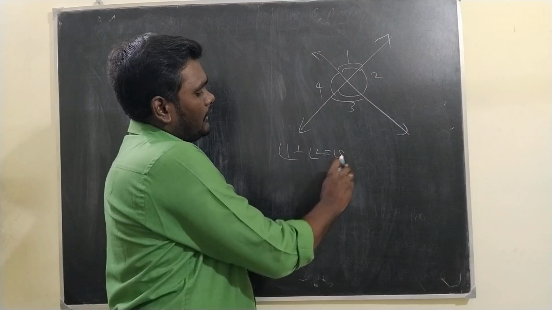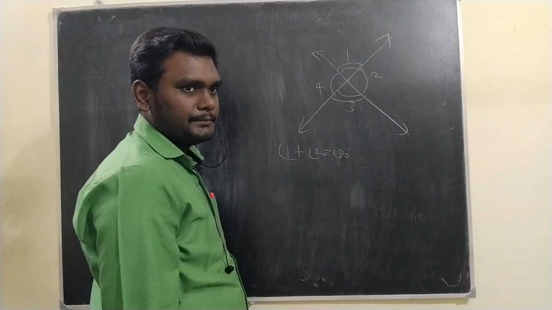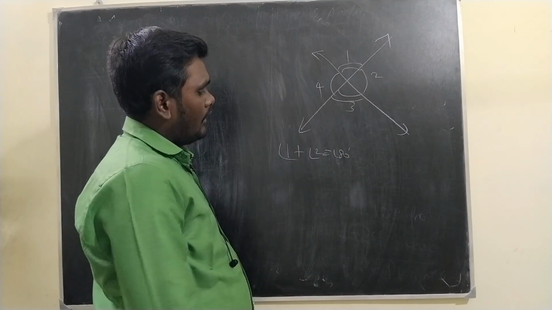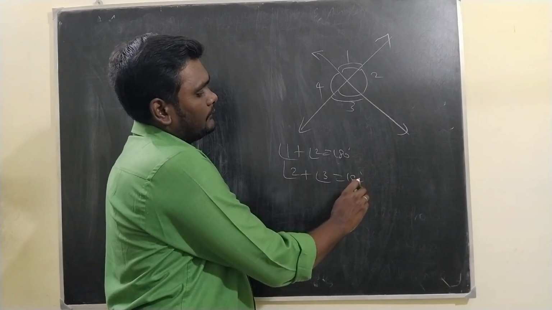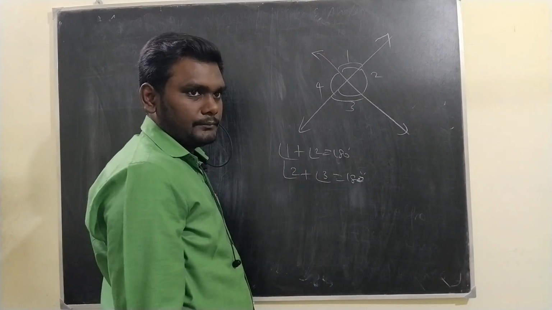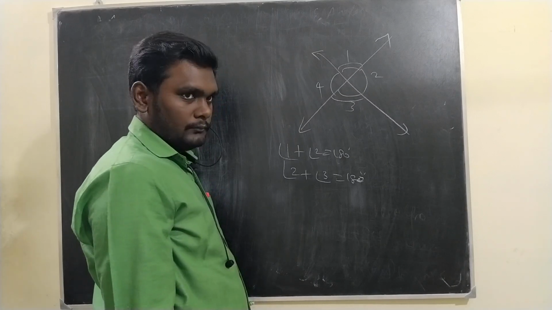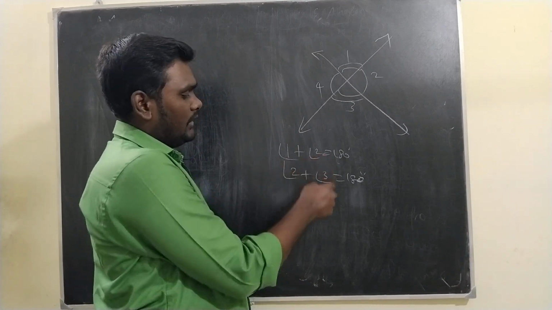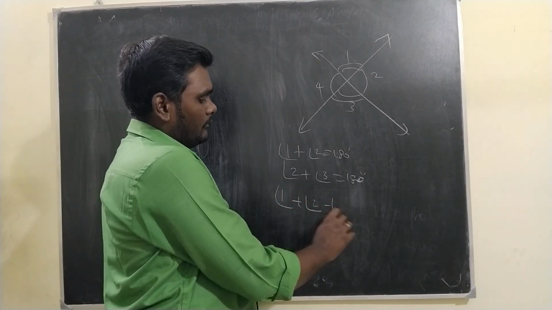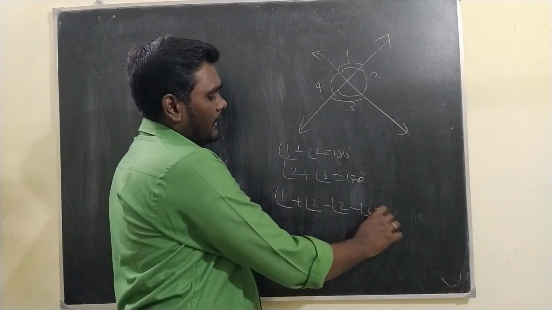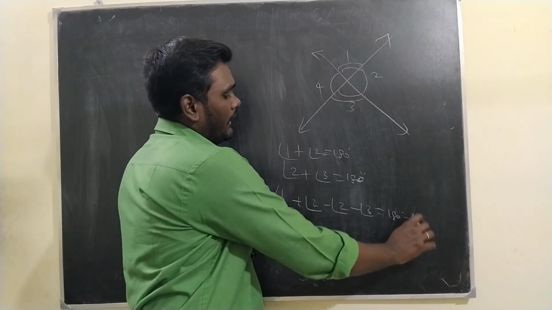Angle 1 plus angle 2 is 180 degrees. Am I right? And then angle 2 plus angle 3 is 180 degrees. Right? And then subtract: this equation minus this equation. Angle 1 plus angle 2 minus angle 2 minus angle 3 equals 180 minus 180.